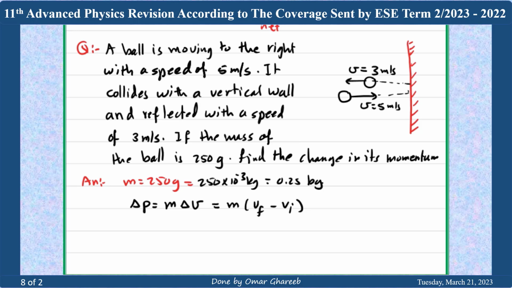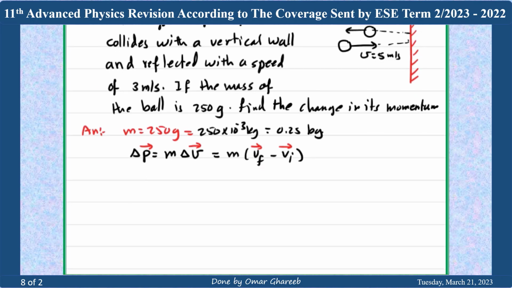Now, we must put arrows here because these are vector quantities. It's a very important thing. Here I want only the magnitudes.